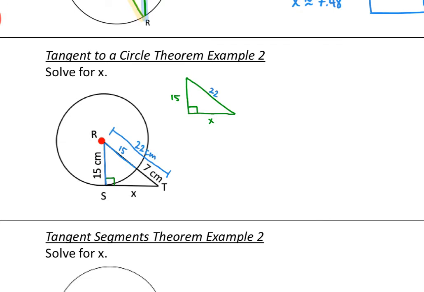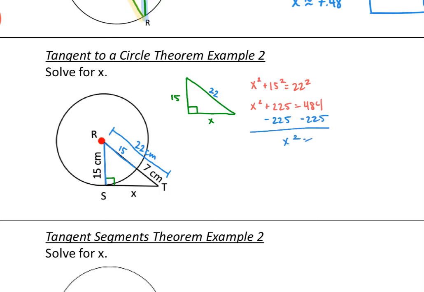Now that I have my right triangle, I'm going to use the Pythagorean theorem. a squared plus b squared equals c squared. So x squared plus 225 equals 22 squared, which is 484. Now we're going to subtract 225 from both sides.